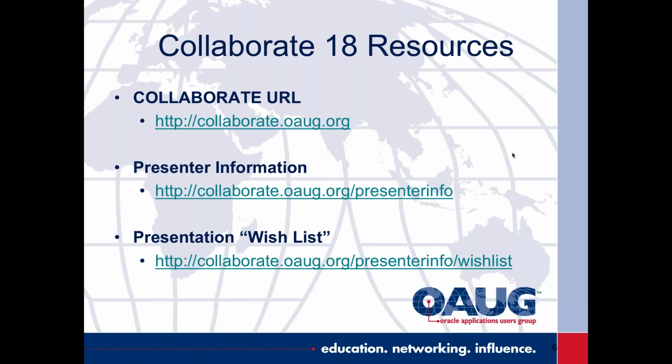So what I'd like to do is just take a moment to point out some useful areas where you can receive more information. What I would do is start off by going to collaborate.oaug.org. There's quite a bit of information there. If you go about halfway down over to the right, there's a small box, and once you click on that, you're going to go into the presenter information.